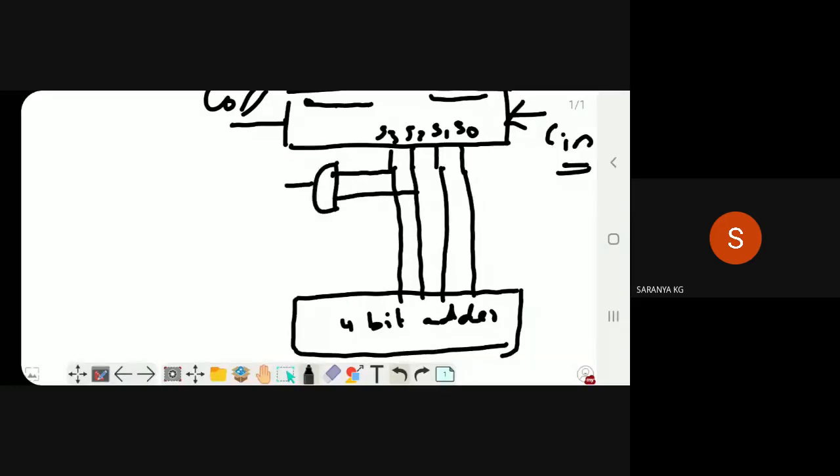S3, S2, S1, S3, and it is connected with an OR gate by including your carry out. How did this circuit come, ma'am? Just because of the equation which we got from the K-map.